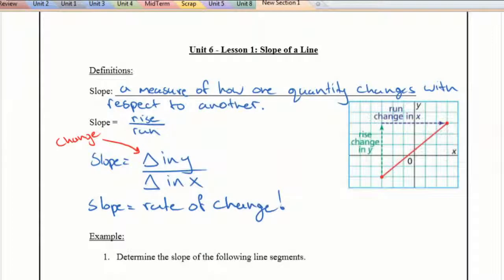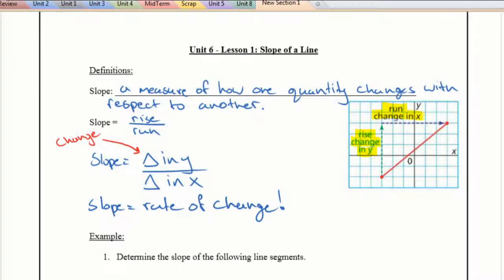Now, when we say change or rise and run, change in x, change in y, so rise is the change in y, run is the change in x, what we mean is, just like when you read a book, you start at the left side of the page and work your way across to the right.